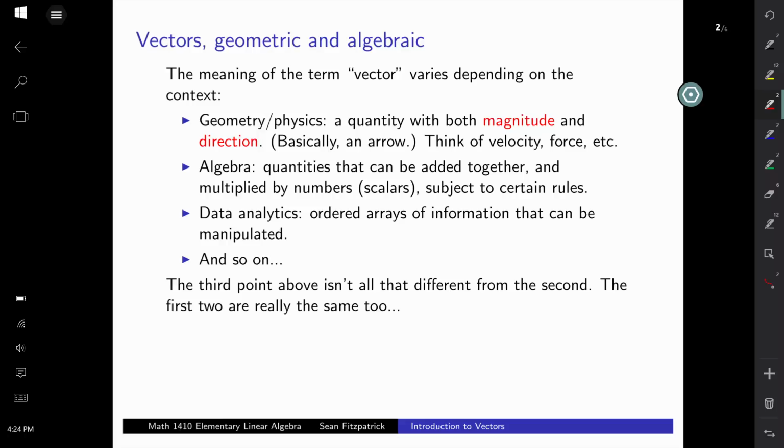One of the things that we'll see is that these algebraic and geometric points of view, which dominate a lot of the discussion of vectors, are really just two ways of looking at the same thing, and both have their advantages. The downside to the algebraic point of view is you don't have a picture that you can work with.